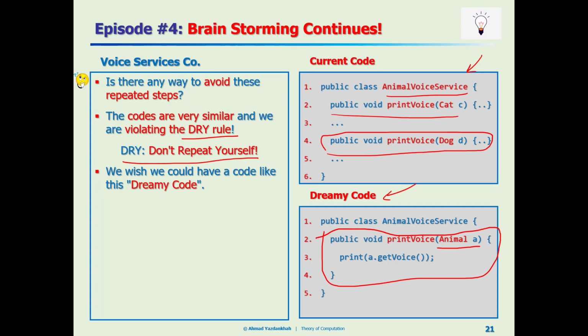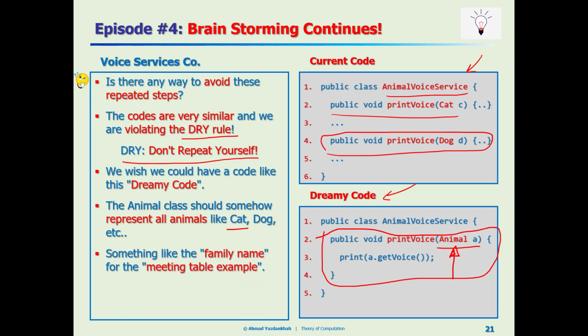Is it possible we just create one method and pass something here, a very generic class that can handle every kind of animal even in the future, right? Cat, dog, horse, whatever. We add the button. But you can imagine that this dreamy code is very similar to the family name example that I took at the beginning of the lecture.